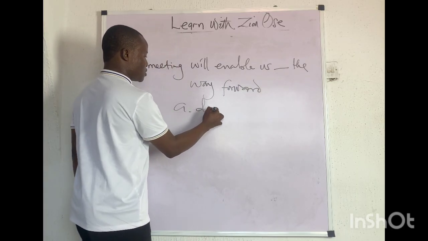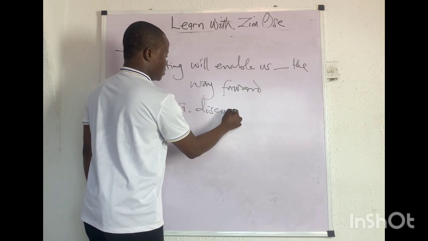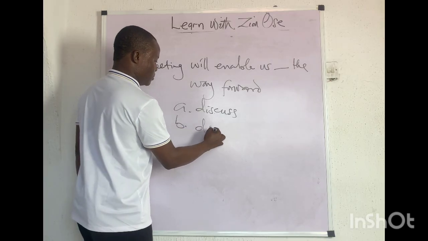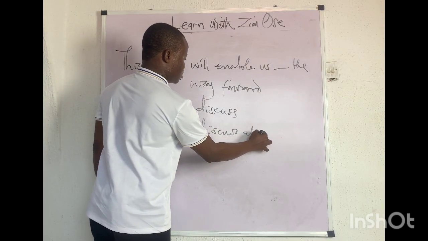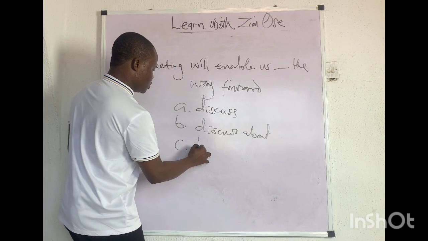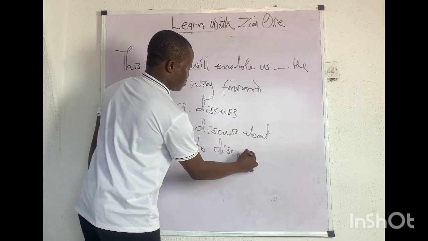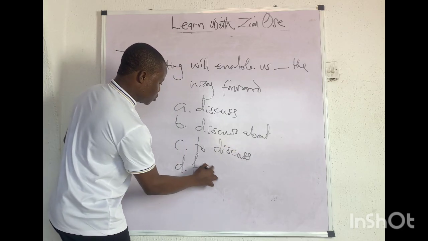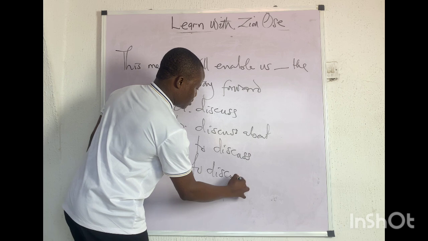A, discuss. B, discuss about. C, to discuss. And option D, to discuss about.